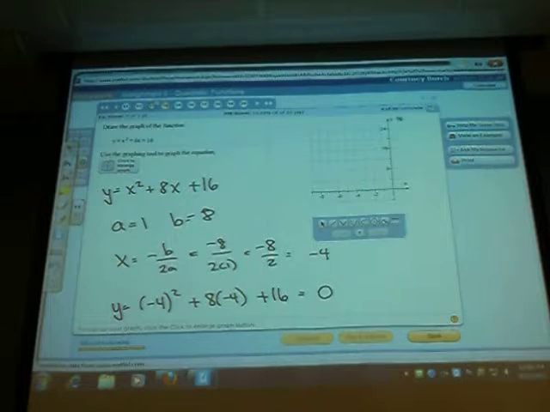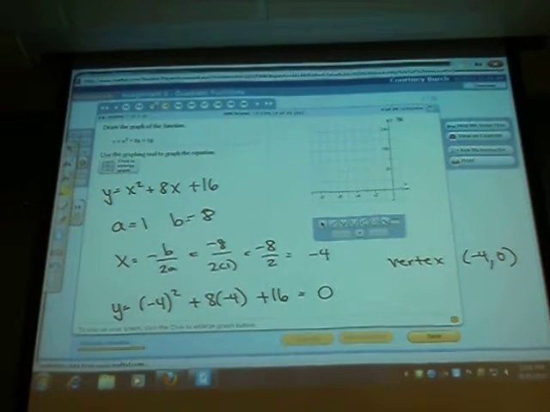Also, I've done this problem about 5,000 times, maybe? Wow. Okay, so my vertex is negative 4, 0. That's weird. Okay, that'll be the first point I click on.